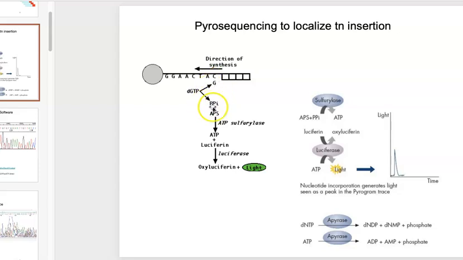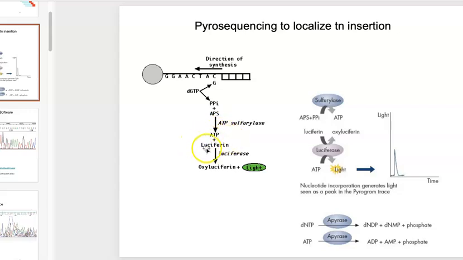It's dephosphorylated, so here's the pyrophosphate group, which reacts with APS in the chemical reaction in the machine. APS, in the presence of this enzyme, ATP sulfurase, will make ATP. So out of this combination, APS plus the pyrophosphate, in the presence of ATP sulfurase, will make ATP.